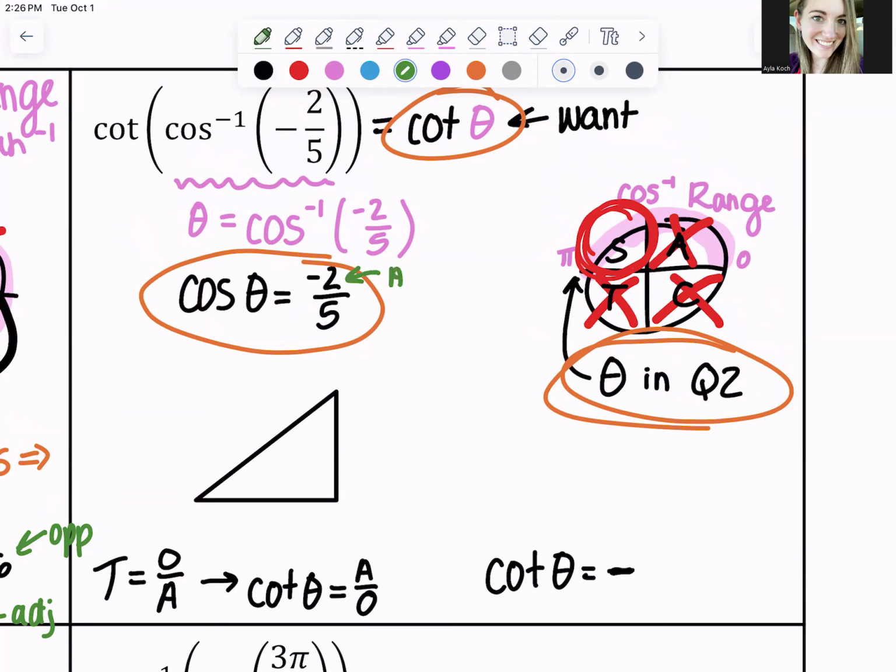Cosine is adjacent over hypotenuse. So 2, again, I'm leaving off the negatives because I've already taken care of it. 2, and oops, 5 doesn't go there. 5 goes here. And this side over here becomes square root of 21.